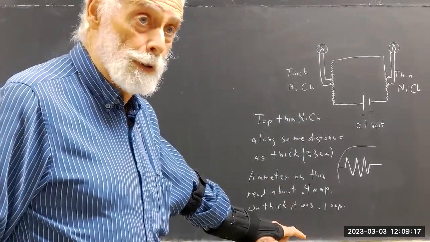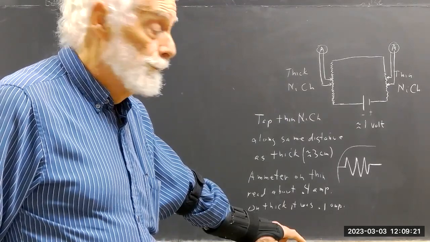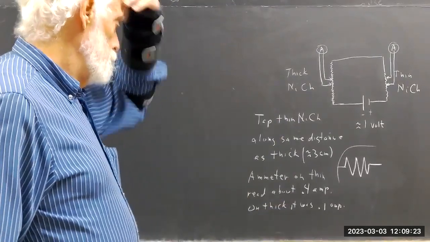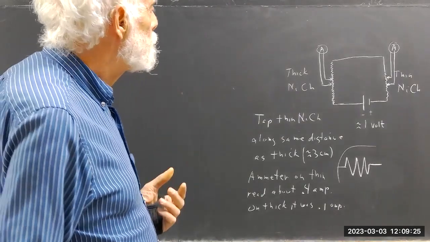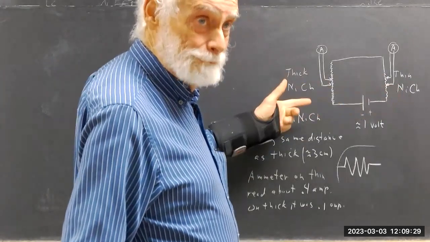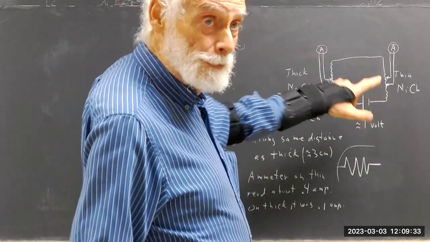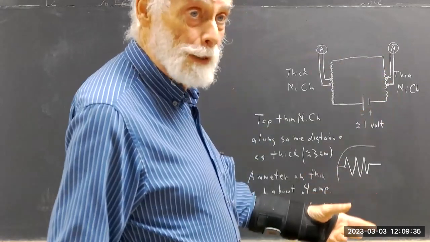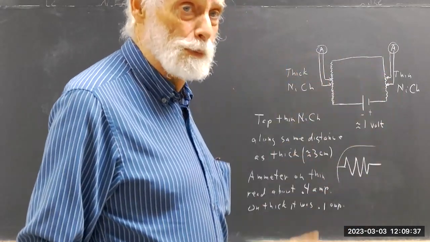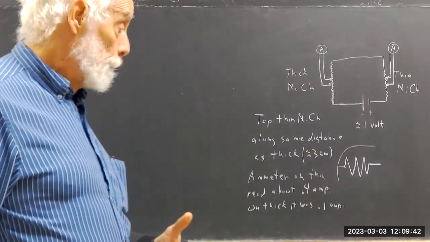On the thick, it was 0.1 amp. It was actually the same ammeter. We hooked it to the one and then the other. But again, we had 2 identical ammeters, 2 accurate ammeters. We could have hooked them both at the same time. It wouldn't have made a significant difference. Again, we'll figure out why later.